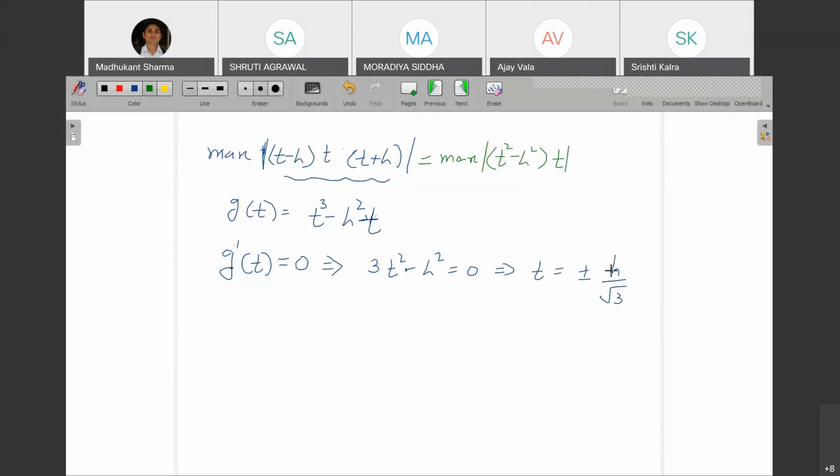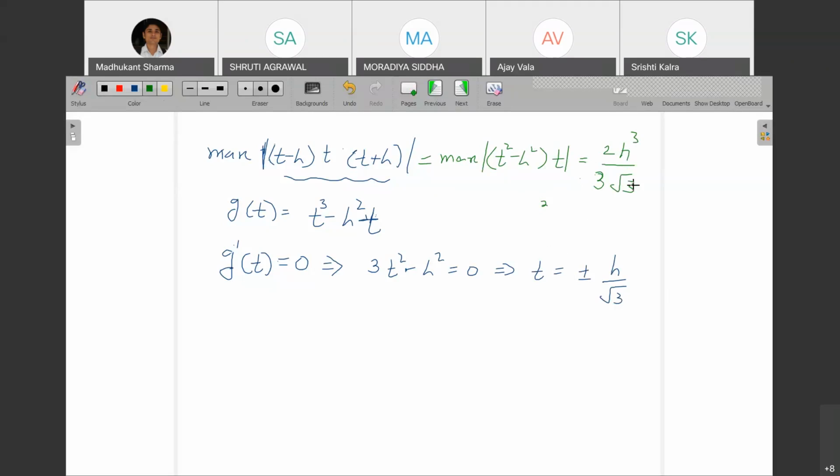And if you substitute, the maximum value, if you replace everything correctly, is equal to 2h cubed by 3 root 3. Okay, so that is equal to 2h cubed by 3 root 3.